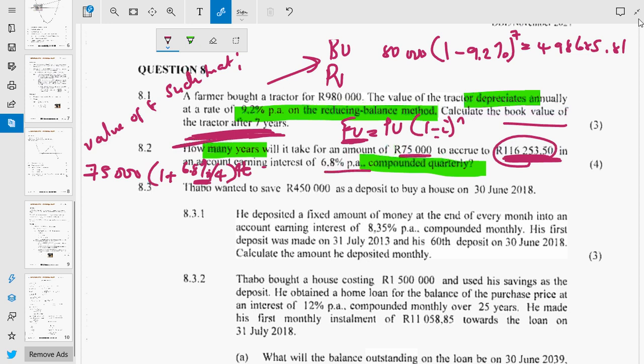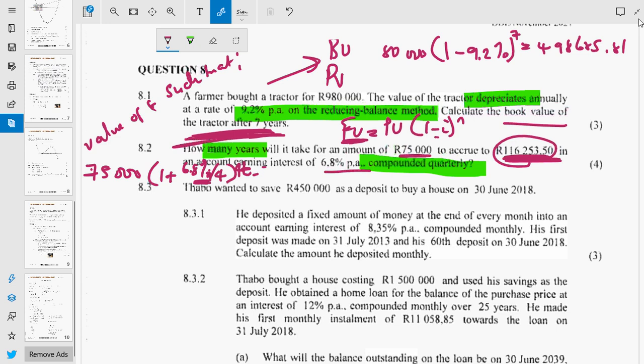So if I only put t, the final answer is quarters, and t will be quarters. If I put 4t, the final answer, by which I mean 4t, will be in quarters, but t will be in years since I multiplied by 4. So please be very careful there.